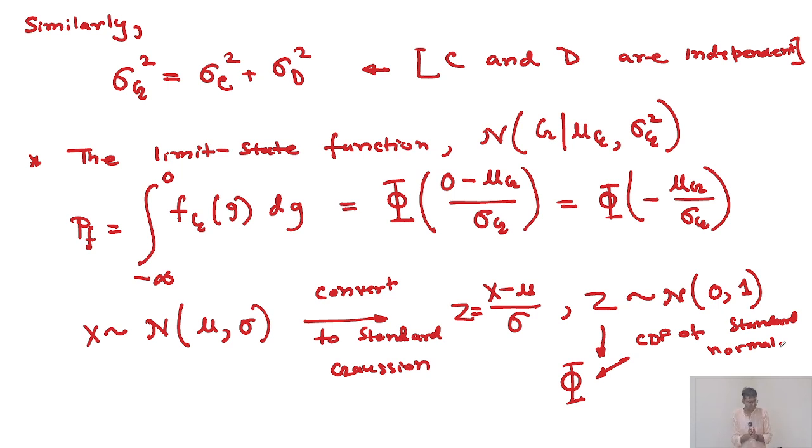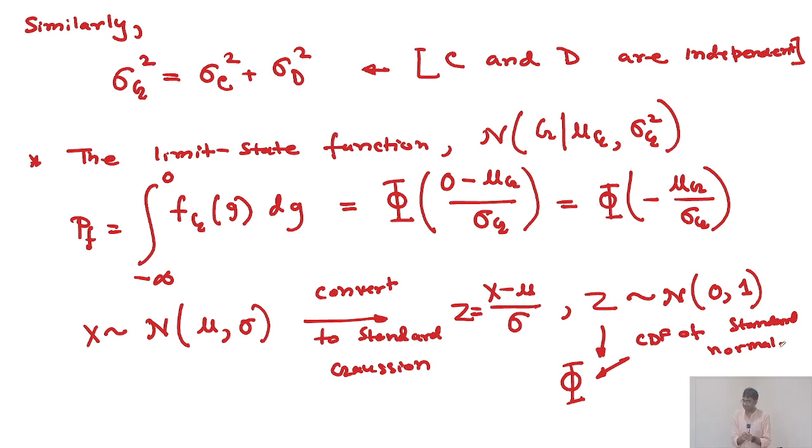They numerically integrated and came up with a table which stated the different values of phi for different values of z in the range, let's say, minus 6 to plus 6. Why minus 6 to plus 6? Because minus 3 to plus 3, that probability is 99.81%. Minus 6 to plus 6, 99.9% maybe. I don't know the exact number, but very high probability that it will be in that range.